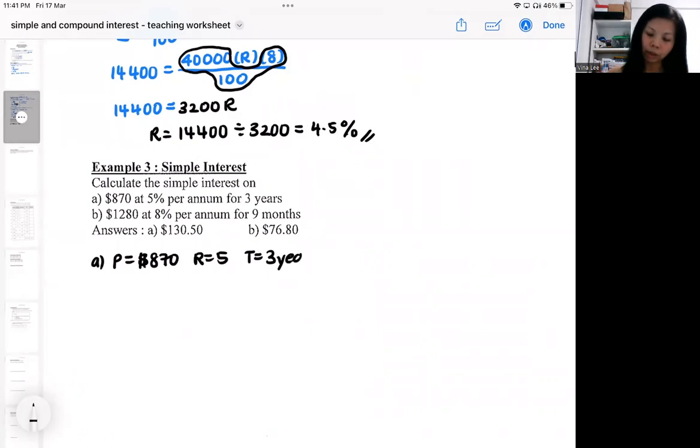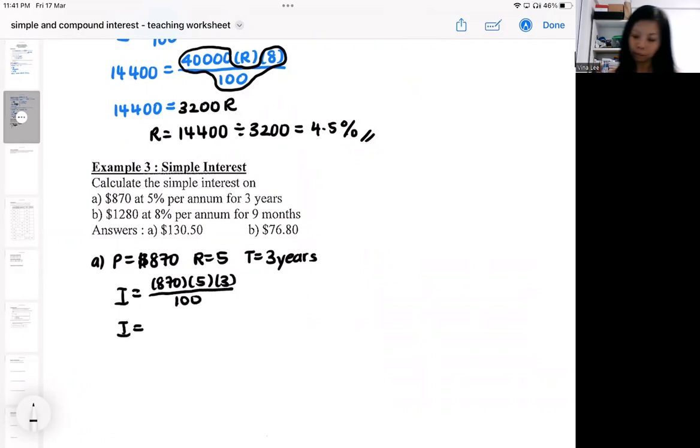Remember, it has to be years. So what will be the simple interest? According to the formula, PRT over 100. It will be quite easy. So you will get $130.50.